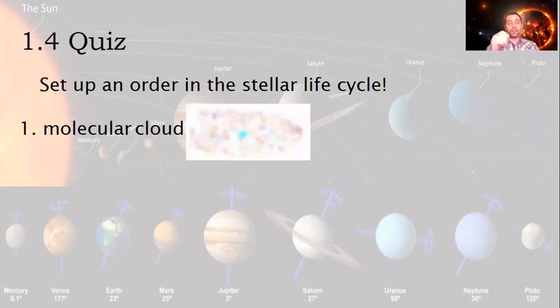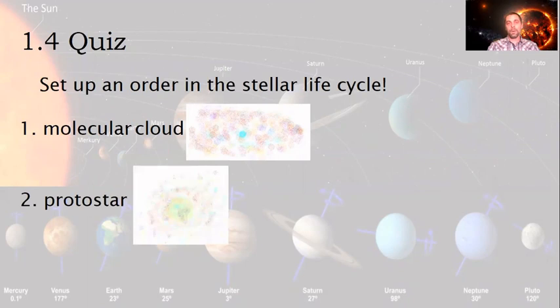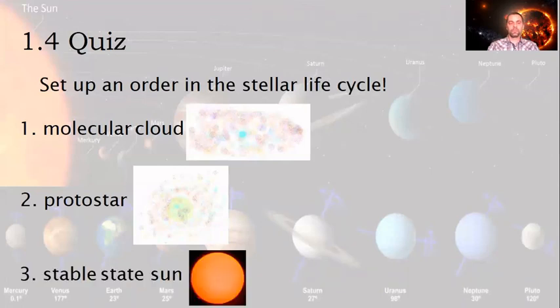The first is the molecular cloud. And after, or in the molecular cloud, a protostar is forming. Then we get to the active stage of our sun. It is the stable sun.